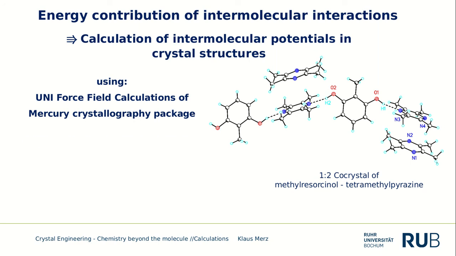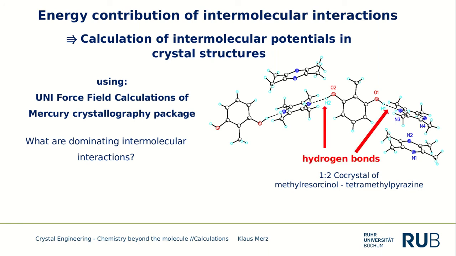Now a question to you. What are the dominating intermolecular interactions? Think about it. What do you think? We have hydrogen bonds here, OHN, typical and useful in crystal engineering.